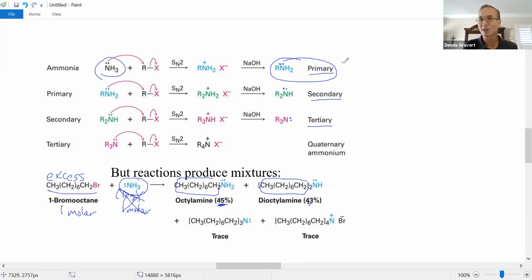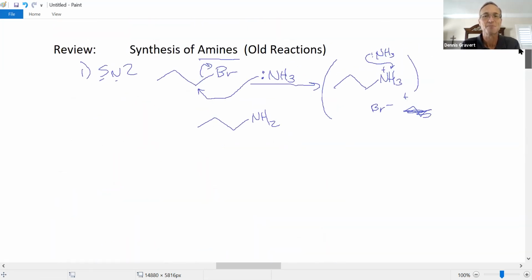You're going to get moderate yields, and they'll be contaminated with the other higher degree amines. It calls for better methods of synthesizing amines. That's the bottom line. However, on a synthesis problem, you can still use the SN2 reaction to make your amines. At least on my exams.